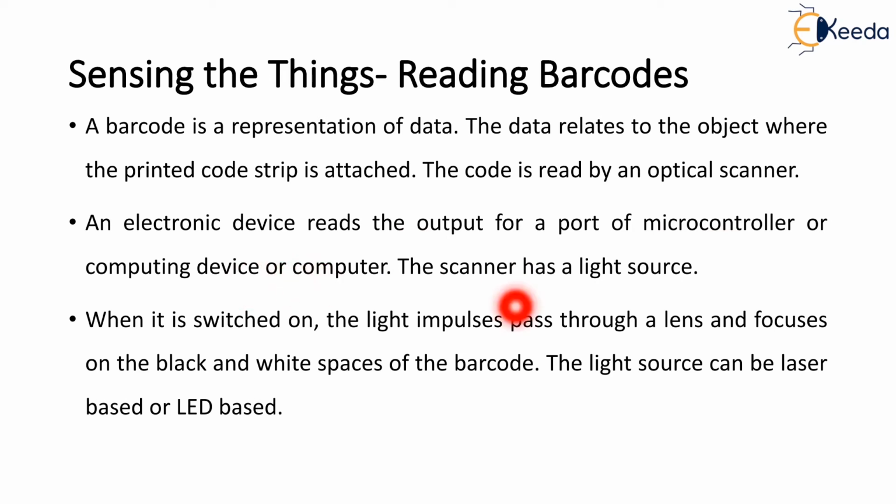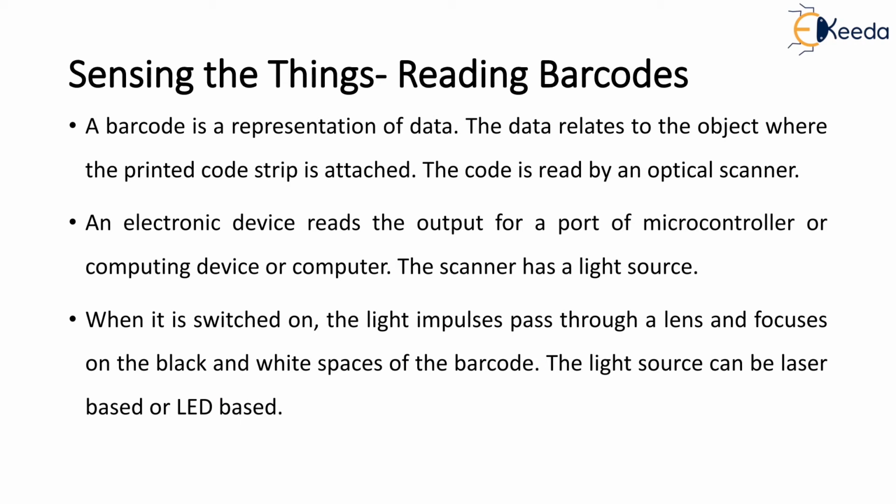So the scanner has a light source. When it is switched on, the light impulses pass through the lens and focus on the black and white spaces of the barcode. So the light source can be LED based or laser based.